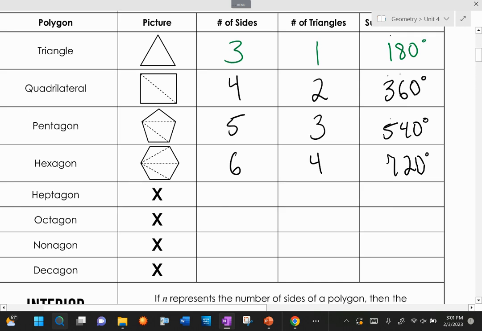Heptagon. We are 7 sides, 5 triangles, 900. Okay, an octagon. 8 sides, 6 triangles. 1,000. It goes up by 180. 1080. A nonagon. 9 sides, 7 triangles.